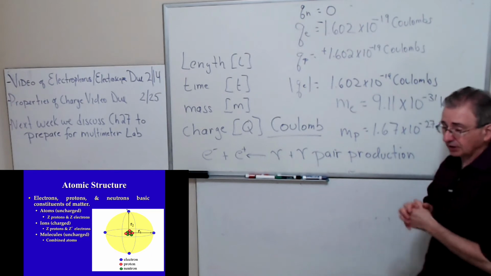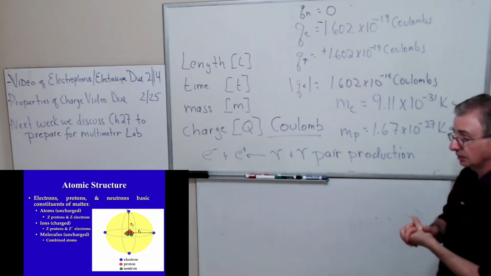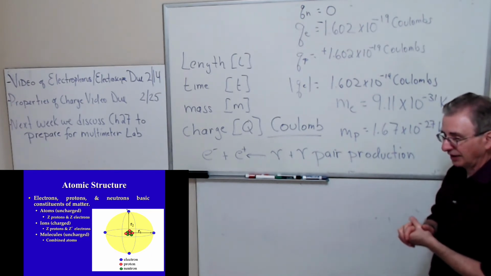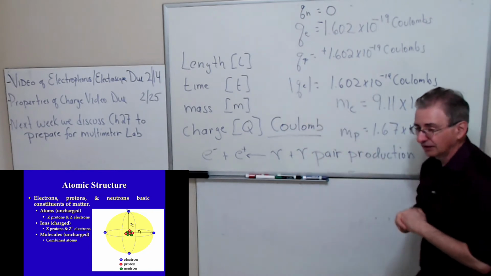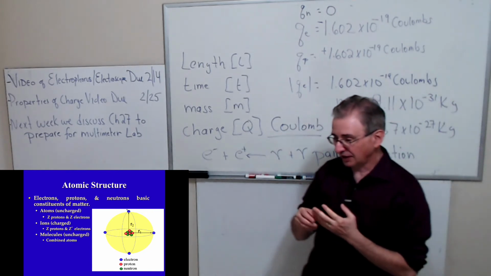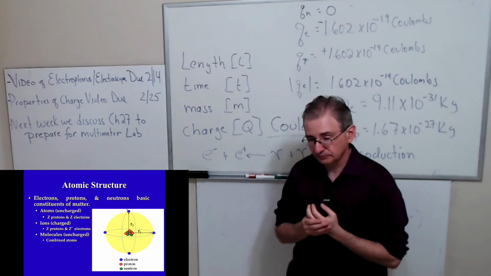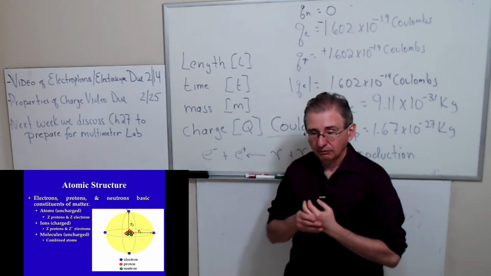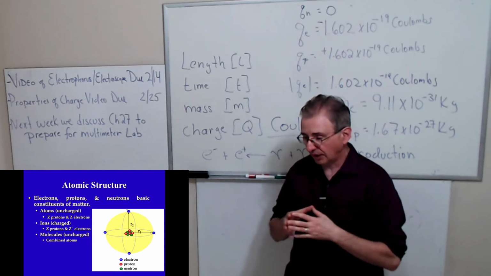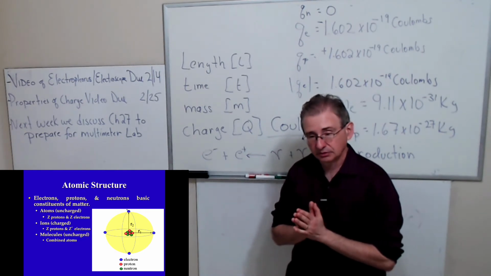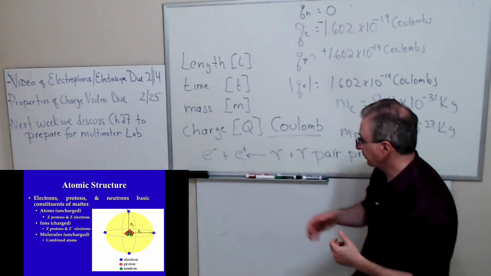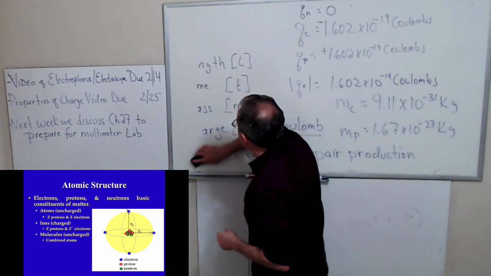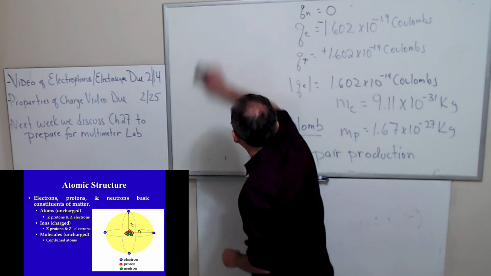The basic constituents of matter, ignoring quarks and things like that, are electrons, protons, and neutrons. And they form atoms, ions, and molecules. Let me say a little bit about them so you have some general knowledge.